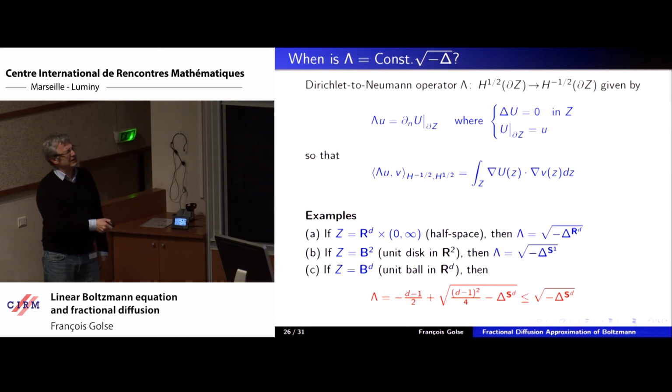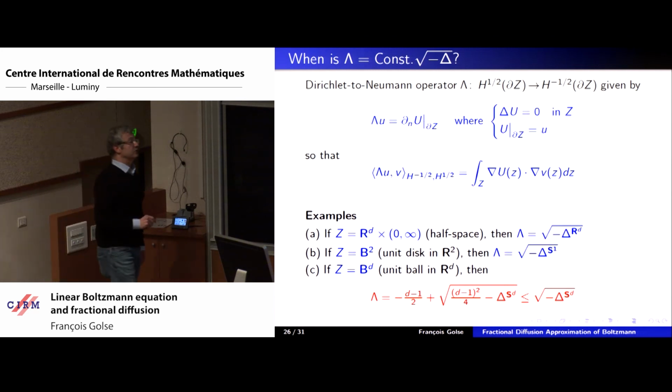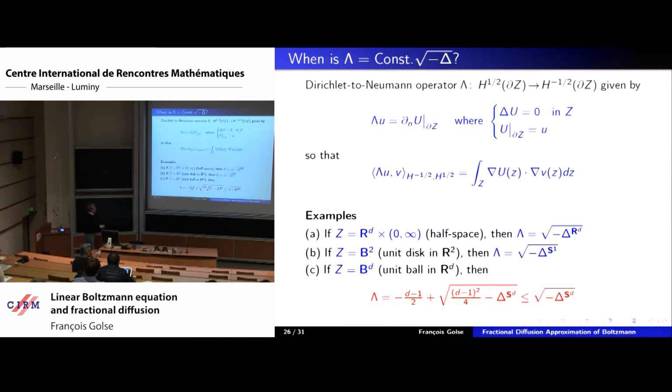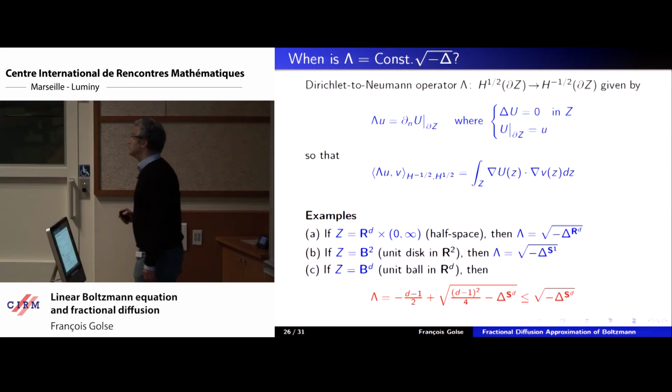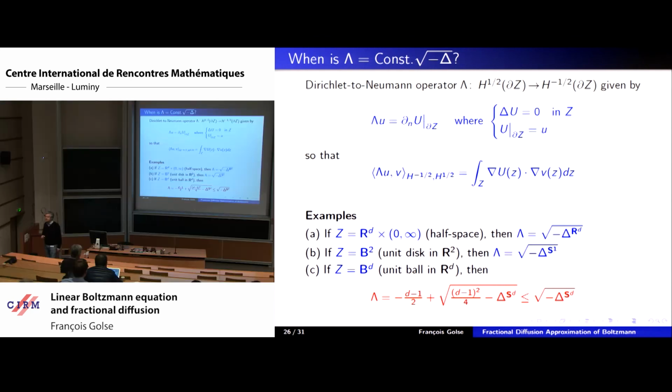But as soon as you take the unit ball in R^d, then you can check that lambda, of course, at high frequencies behaves like the square root of the Laplace-Beltrami operator, but there is some kind of shift which involves the (d-1)/2, which you encounter in spherical harmonics, I think, right? So you seem skeptical.